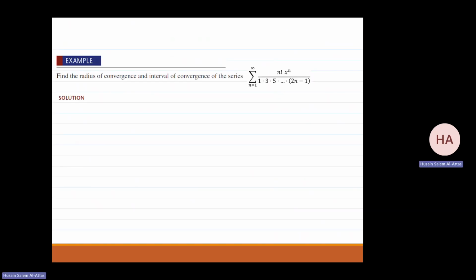Okay. Find the radius of convergence of this second one and the interval of convergence. Same thing, we'll find the limit as n goes to infinity of the ratio: (n+1) factorial x to the power n plus 1 over 1, 3, 5 up to 2n minus 1. I need the next term, 2n plus 1, times the reciprocal of this.